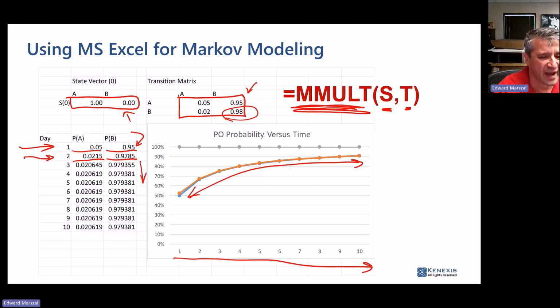As a matter of fact, we kind of get stuck right here at day 4 with a 97.9% probability at any particular day after day 4 that my letter is in post office B.